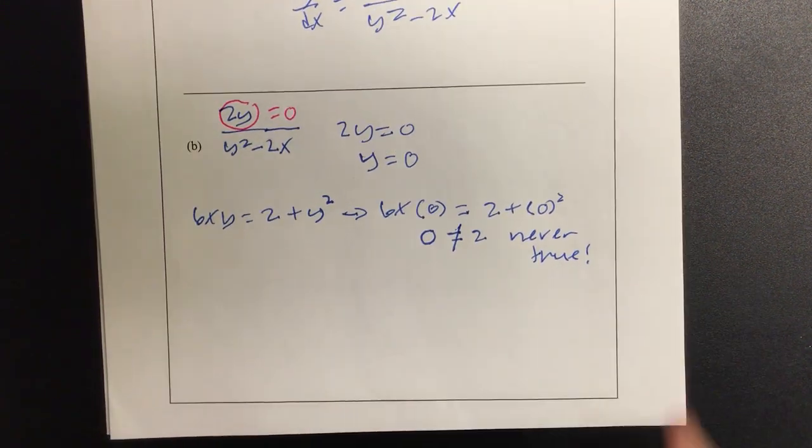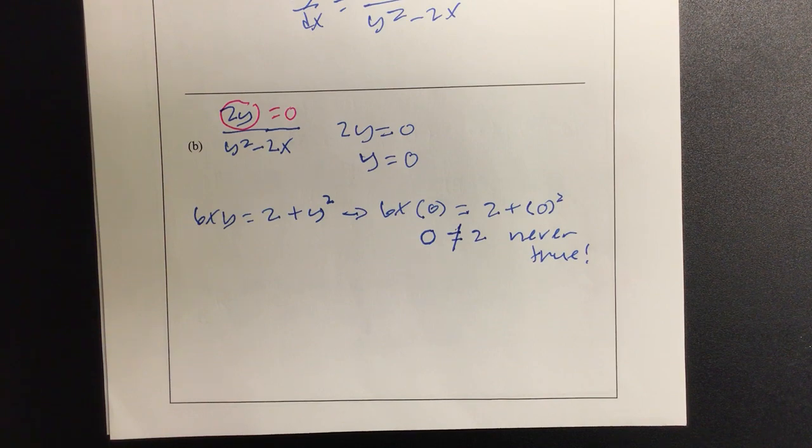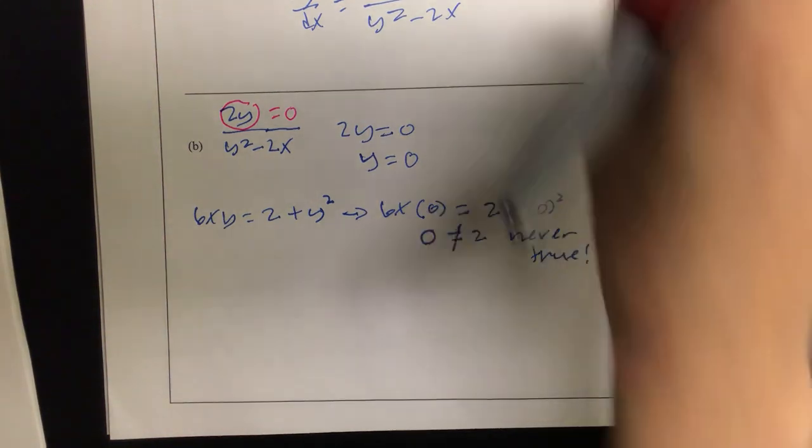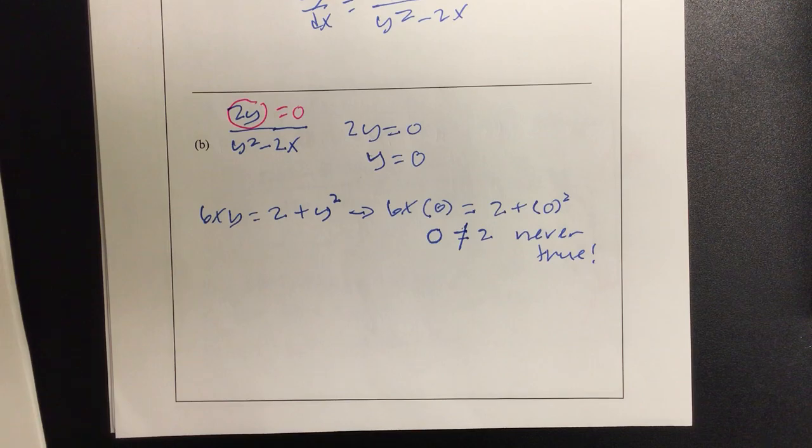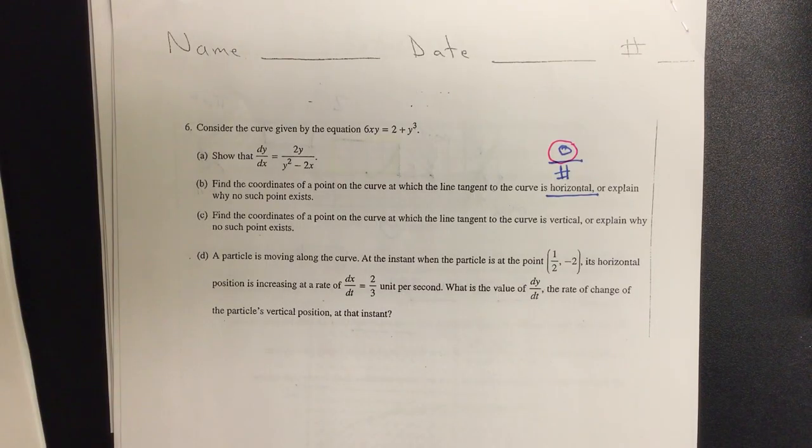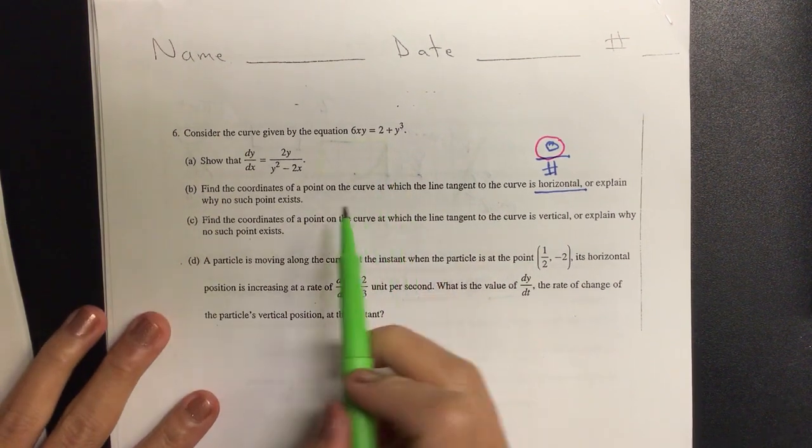So that means we do not have a curve that is horizontal. And I'm going to steal the sentence stem on this one. Always use the sentences that they give you, or you don't have to, but write more than you need.